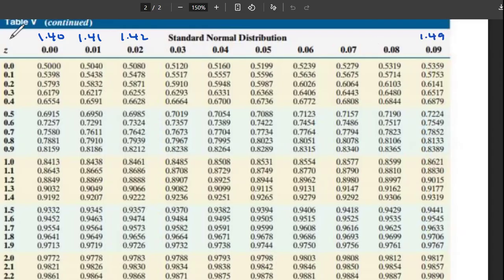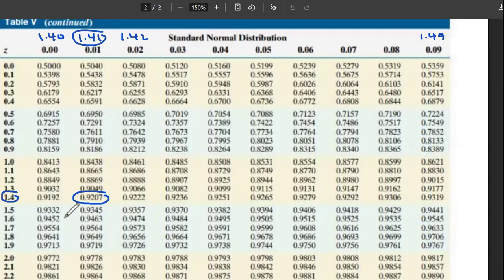Okay, so that's how you would read this. All right, so again, we want 1.41, so that's going to correspond to this number here, right? So this is the area, the percent, I'm sorry, the percentile, proportion, whatever you want to call it, to the left of that Z-score, okay?